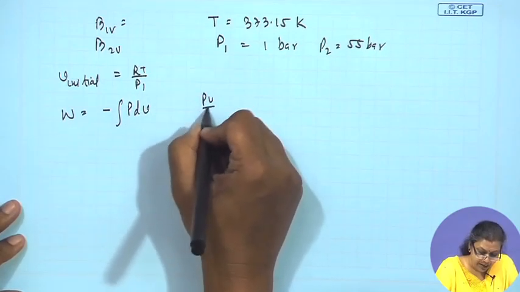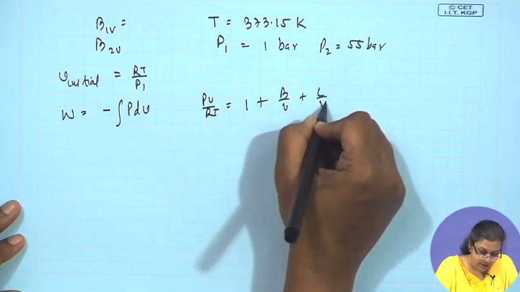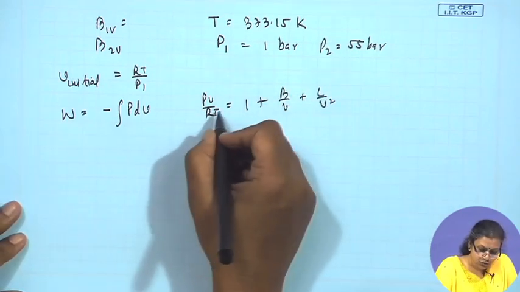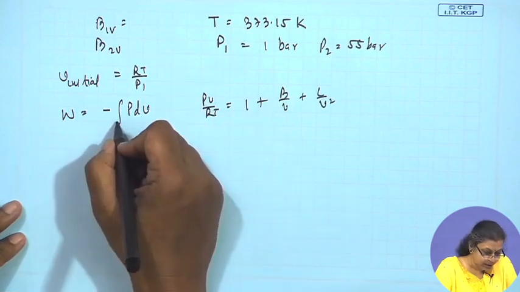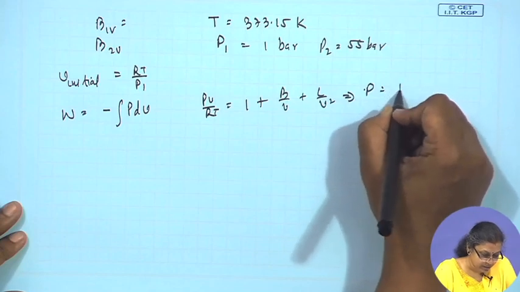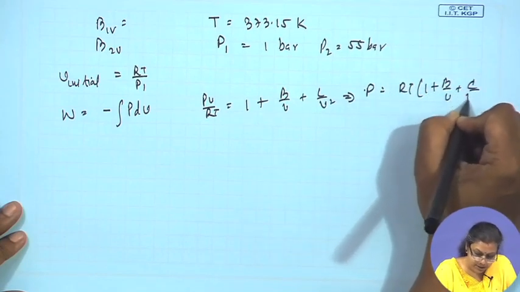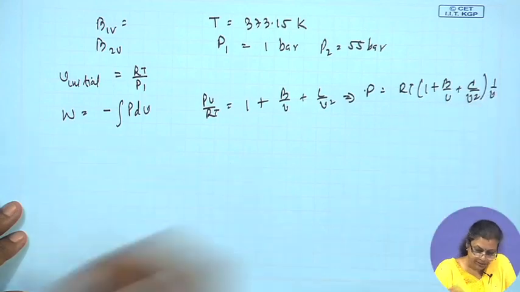You know PV by RT is nothing but 1 plus B by V plus C by V square, agreed. So, we can easily substitute this in terms of P. In terms of P, this equation becomes RT into 1 plus B by V plus C by V square into 1 by V, right.